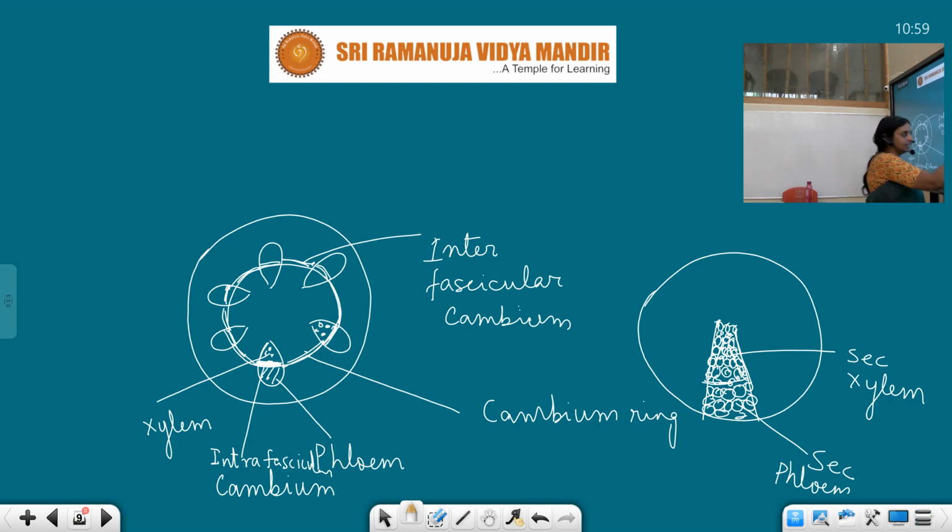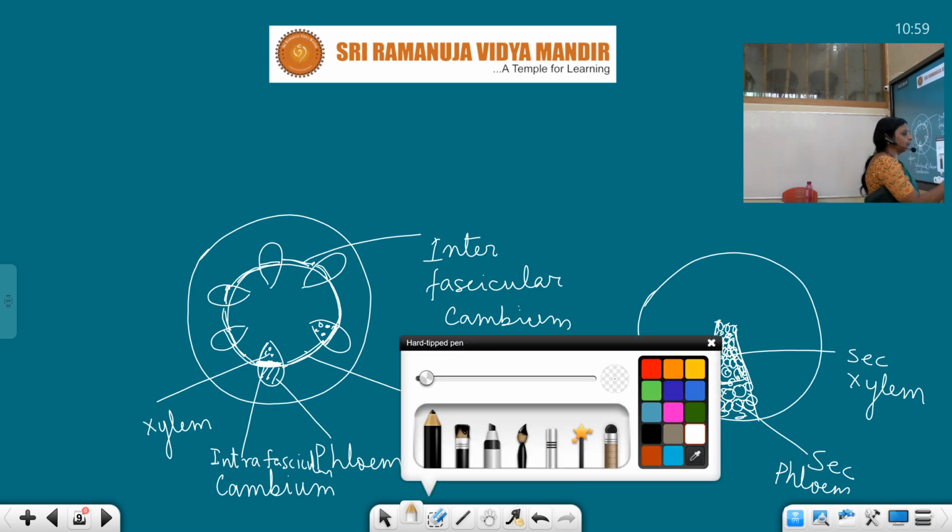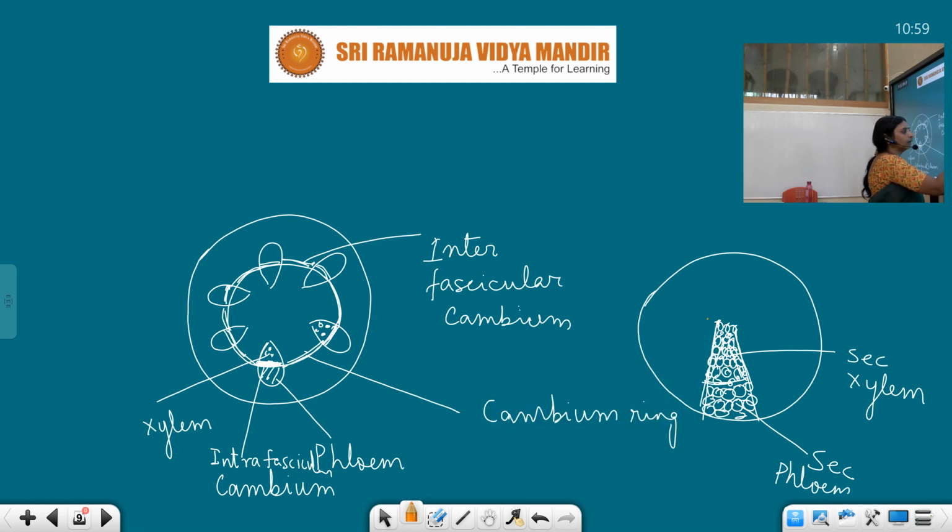And in between, the ray initial is present, and it is forming secondary medullary rays. In between the bundles, medullary rays are present. So this is how secondary xylem, which is actually the wood part, is formed inside the dicot stem.